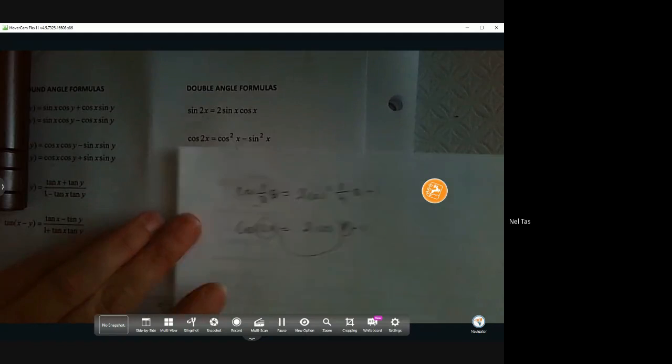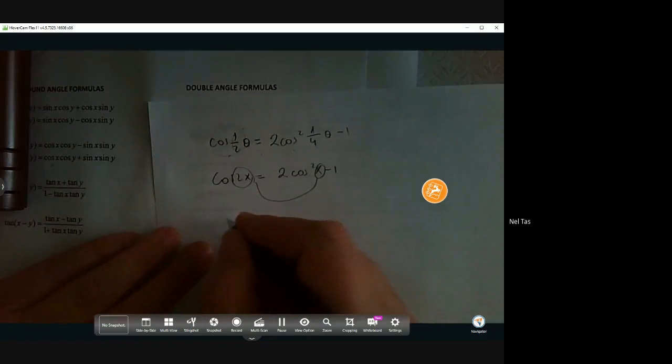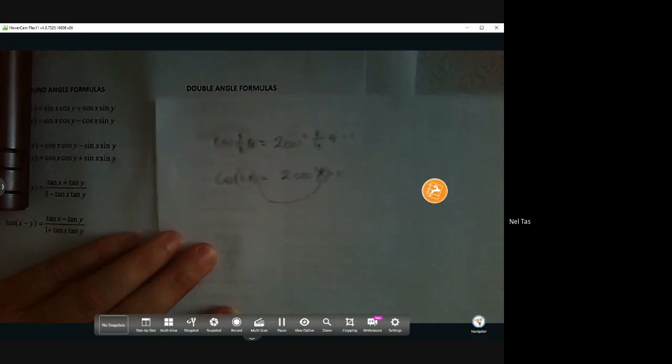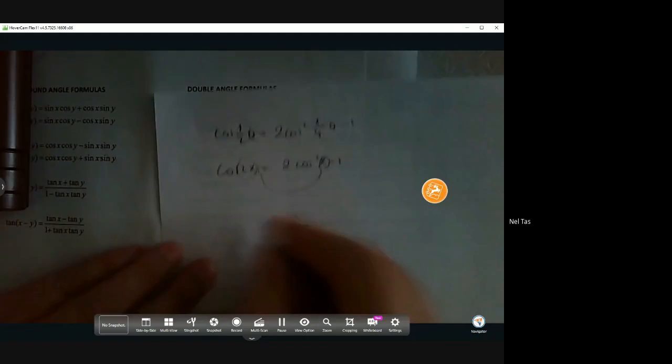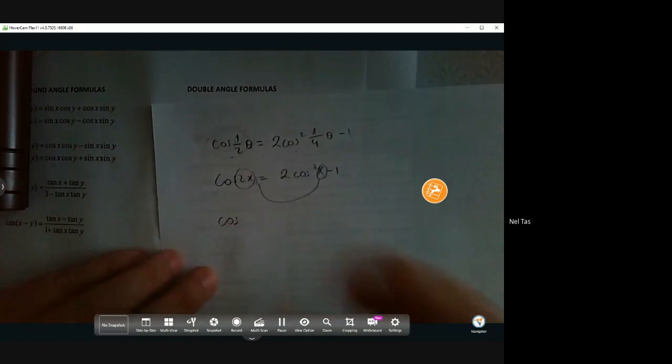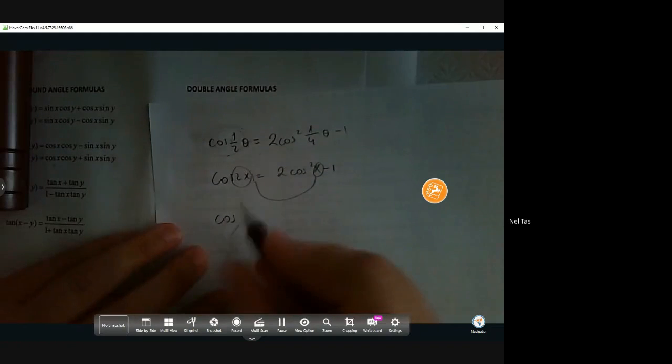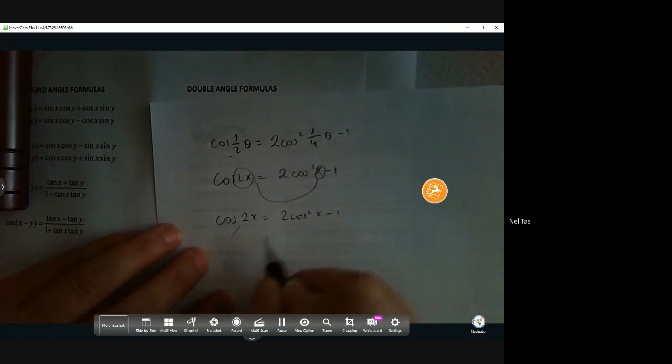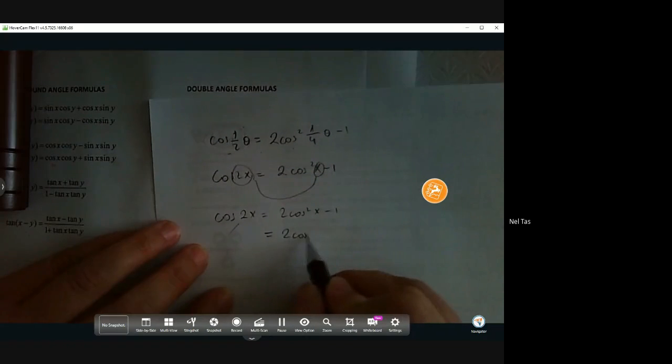What can we do is, how about if we find the relation this way. So we have cos 2x equals 2 cos squared x minus 1. How about if I say that x is 1 over 2 theta?